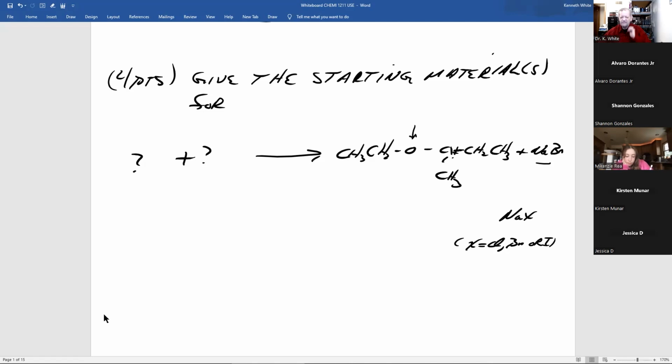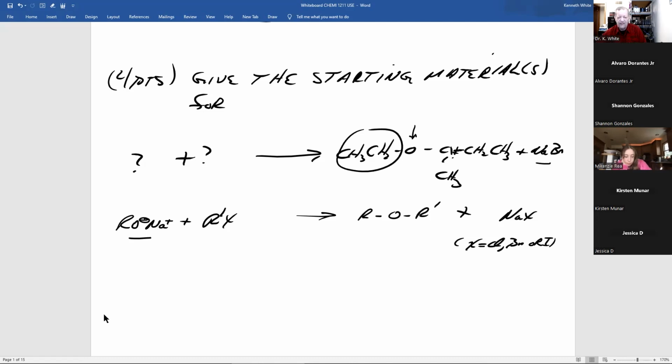And then oxygen, carbons here are prime. It's an ether. What two things do you react to make an ether? Well, the Williamson ether synthesis, an alkoxide and an alkyl halide.